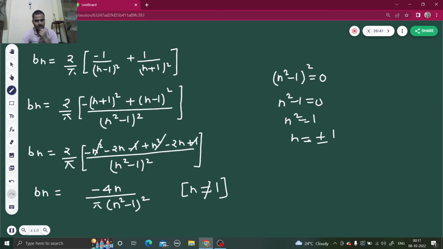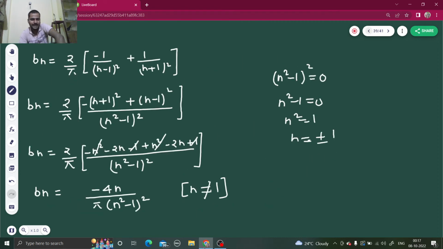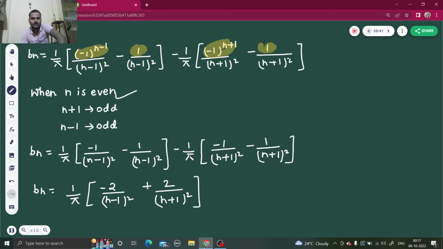Fine. So here you have to think one thing, when you are taking n as odd. Okay. So first of all you have to see that this expression of bn is not defined when n equals to 1 or n equals to minus 1. Okay. So we will have to find b1 separately in both the cases.